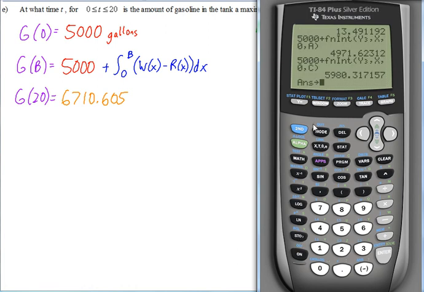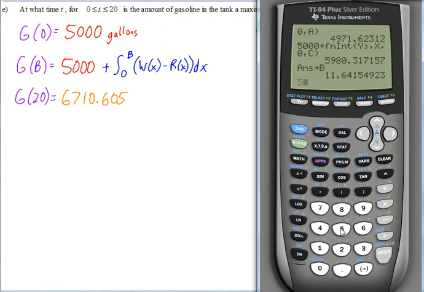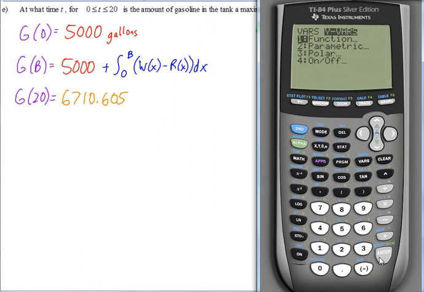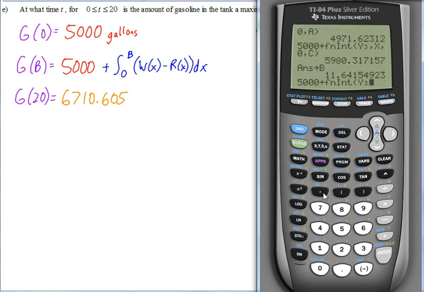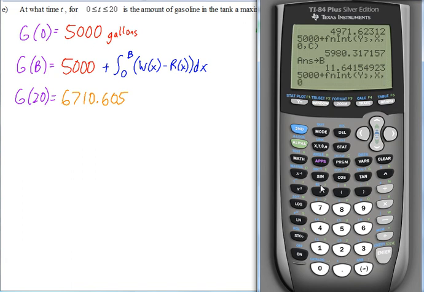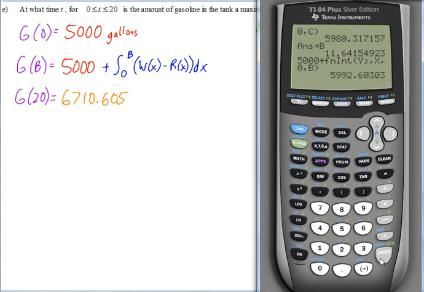So I can quit, store alpha b, and then let's find what that equals. 5,000 plus integral, if we have this as y3 in our calculator, comma x, comma lower limit is 0, comma upper limit is b. And we get 5,992.603.